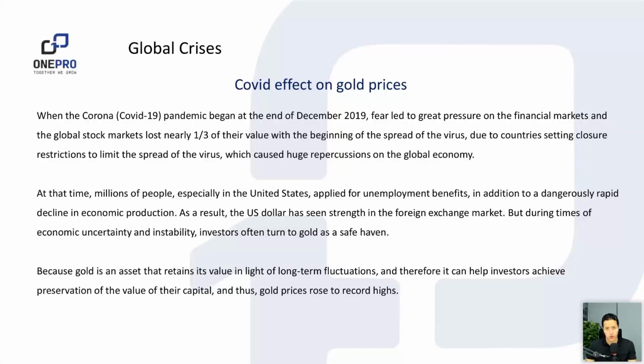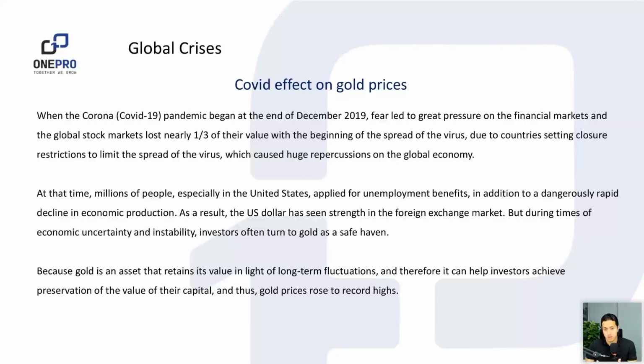All of the workers were staying at home. Countries and governments strictly applied closures and restrictions to make sure that COVID would not spread any faster. All of this affected economic production very fast and very greatly.